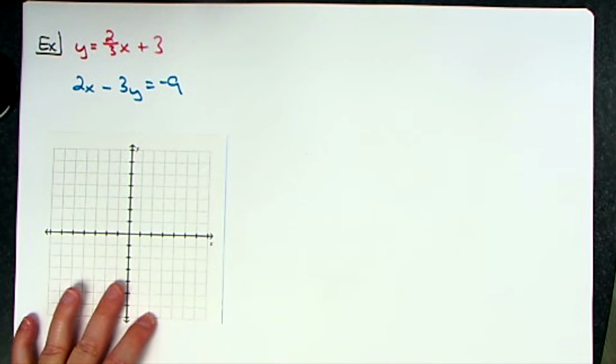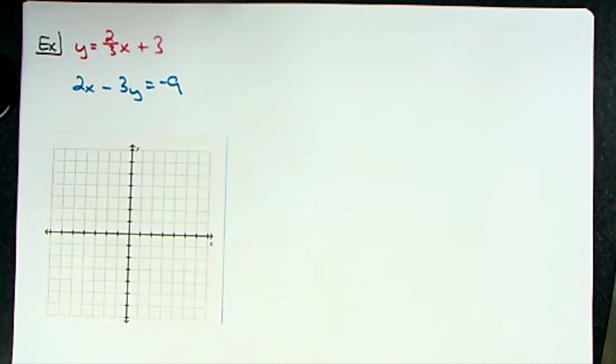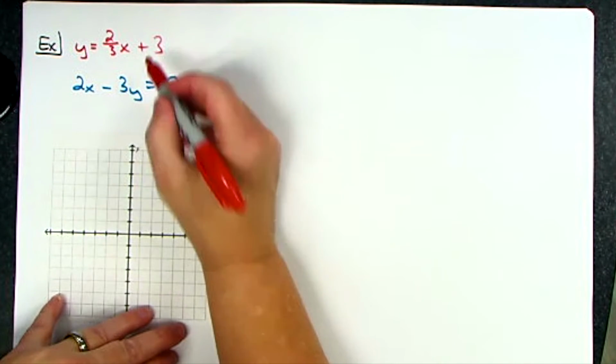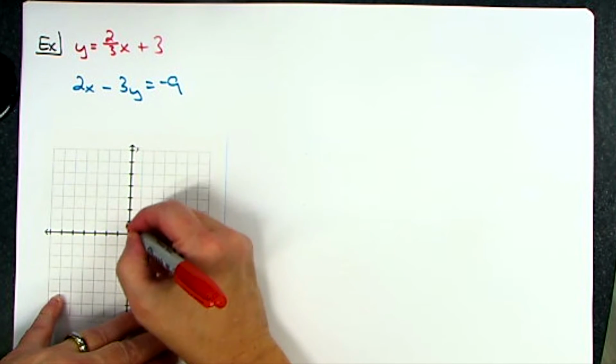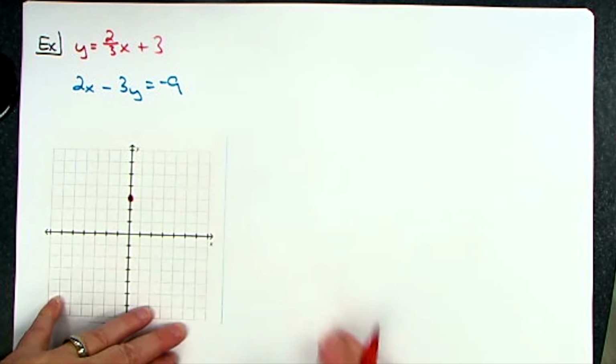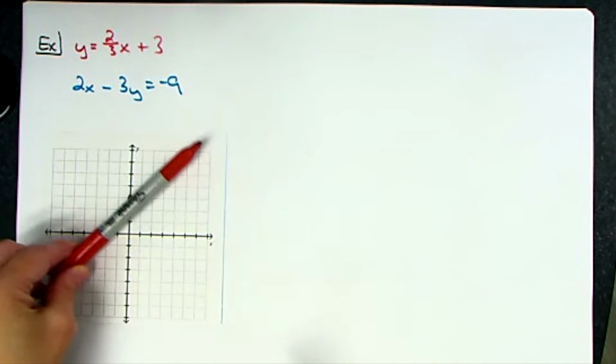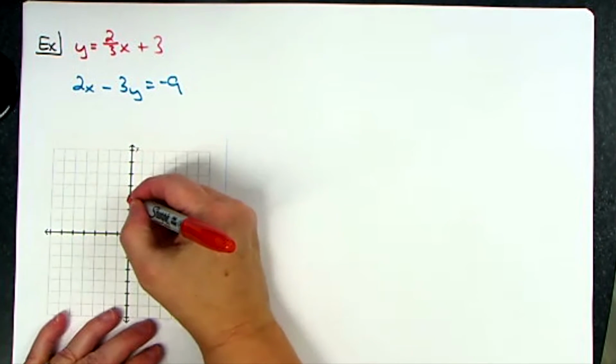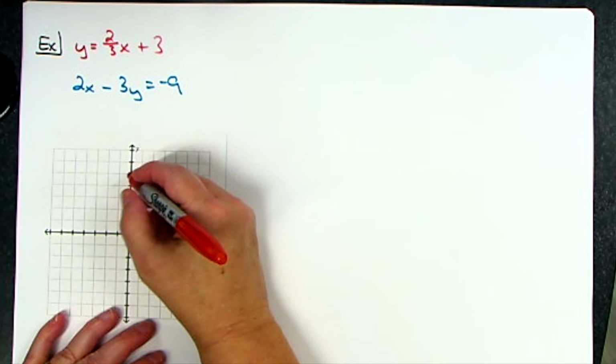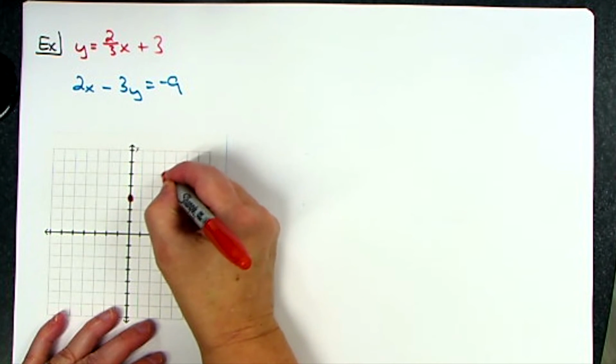All right, so the top one's already in slope-intercept form, so we like that one. I'm going to graph the red line. My y-intercept is a 3, so we go to the y-axis, 1, 2, 3. Put our dot. All right, positive slope of 2/3 means my line is going to go up and to the right. So I'm going to rise 2, go to the right 3, 1, 2, 3.